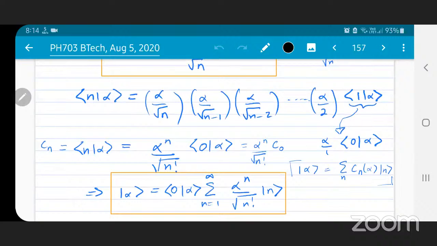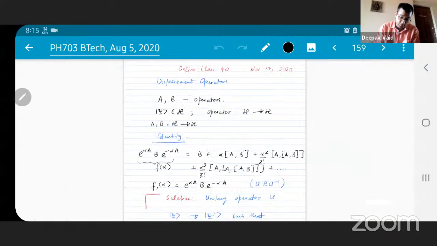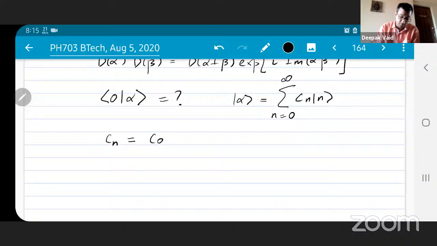C0 alpha to be, and this should be a 0. Okay, so the thing is we don't have this C0 as yet. We want to find out what this C0 is.